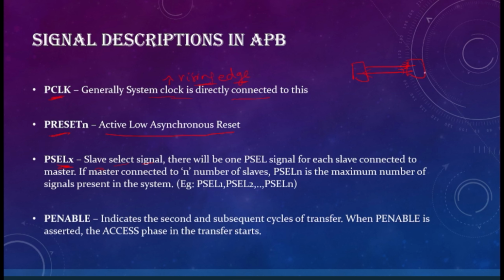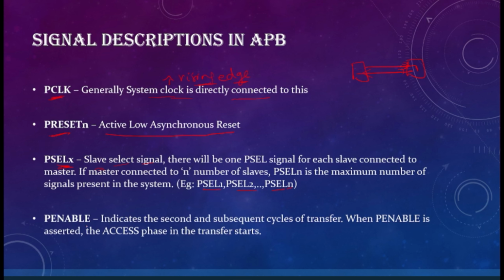That is necessary if you have more than one slave; if there is one slave, there is no such confusion. If the master is connected to n slaves, then PSELECT1, PSELECT2, PSELECT3, and so on up to PSELECTn, the maximum number of signals present in the system.